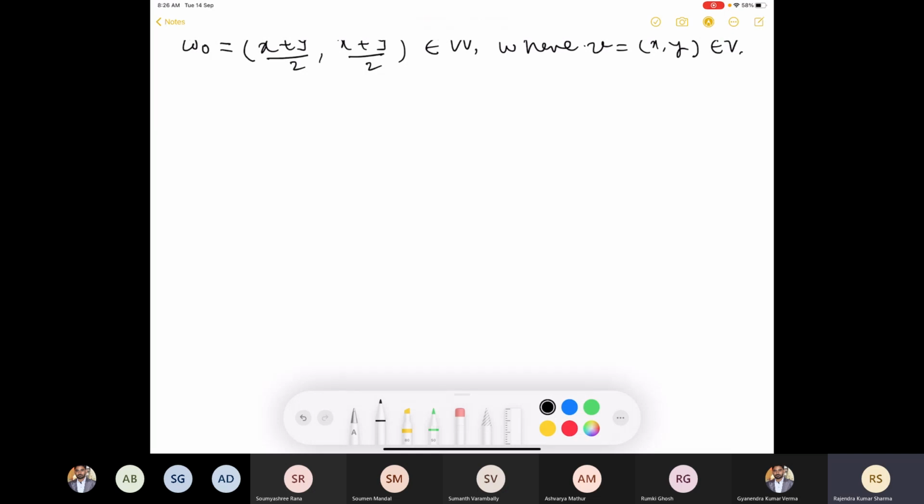We can verify also now the same thing, that w naught is the best approximation of v by vectors in w.